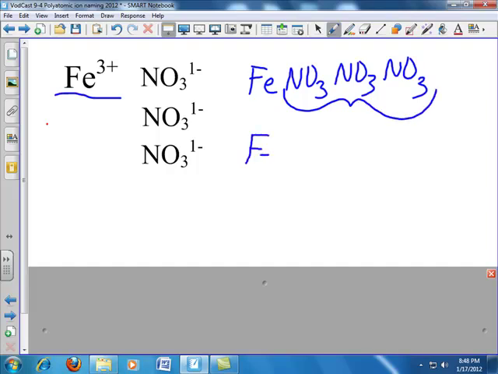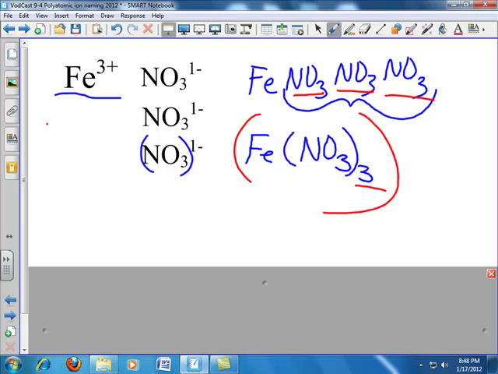Well, the way you do that is you put these polyatomic ions in parentheses. Notice I am putting that whole thing in parentheses. So the NO3 is what is in parentheses, and then I have 3 of them. 1, 2, 3. And this right here is my formula.